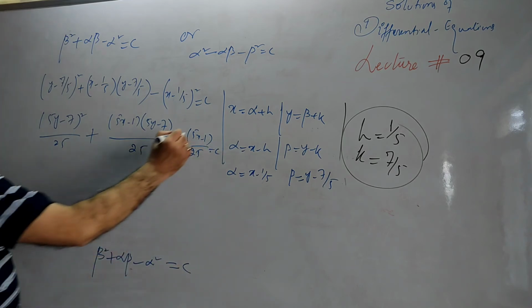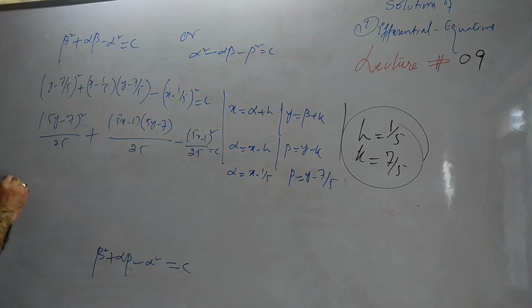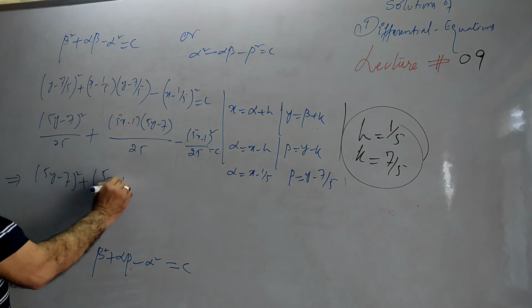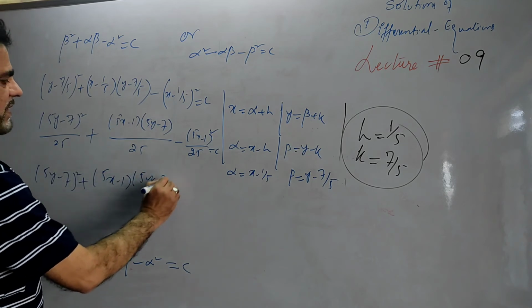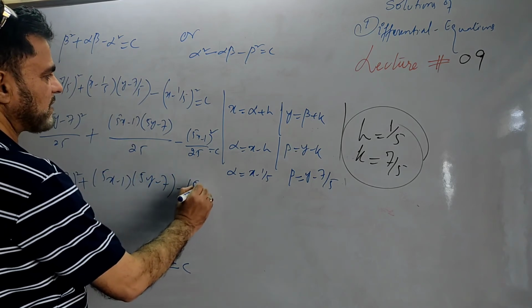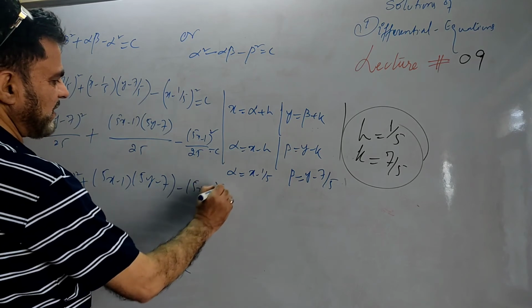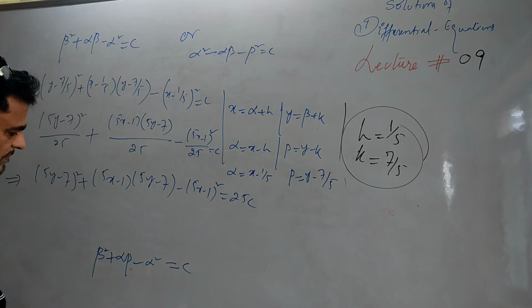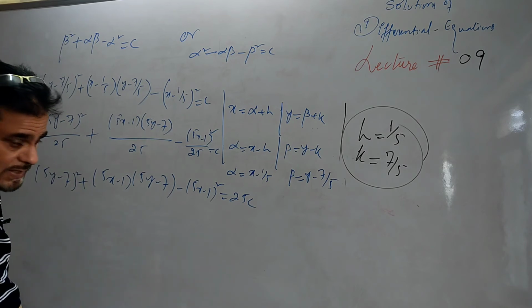So the solution, it is square here, sorry, it is square. So solution is (5y minus 7) square minus (5x minus 1) square is equal to 25c. You can choose this 25c, it is an arbitrary constant, as c.